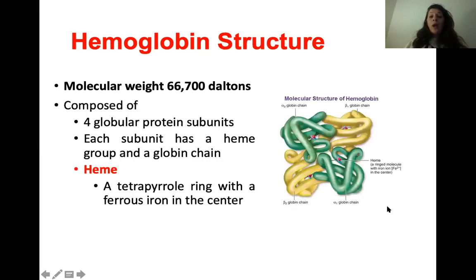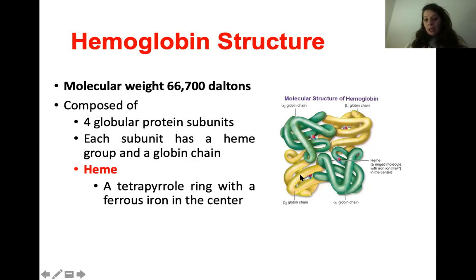So how is hemoglobin built? What is it? We said it's a protein and its molecular weight is 66,700 daltons, and it's composed of 4 globular protein subunits. And each subunit, we can see here 2 units are green and the other 2 units are yellow.